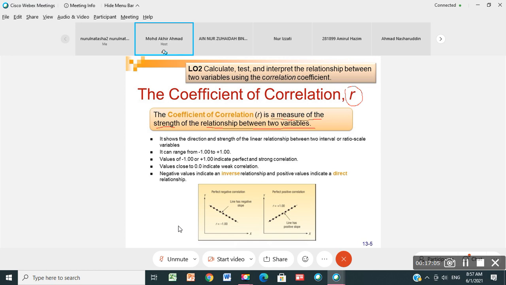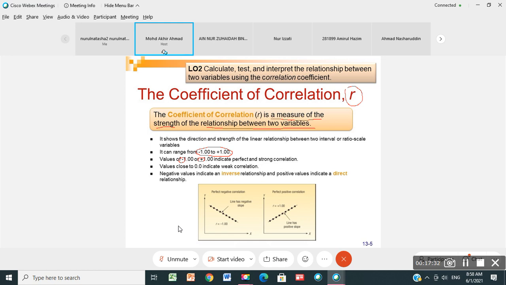This r value comes from plus minus 1. It cannot be more than that. It only ranges between plus minus 1.0. Then they have the minus symbol here and plus here.